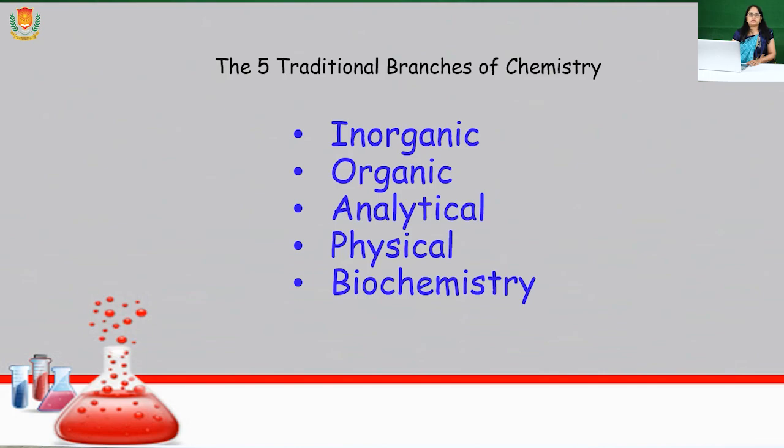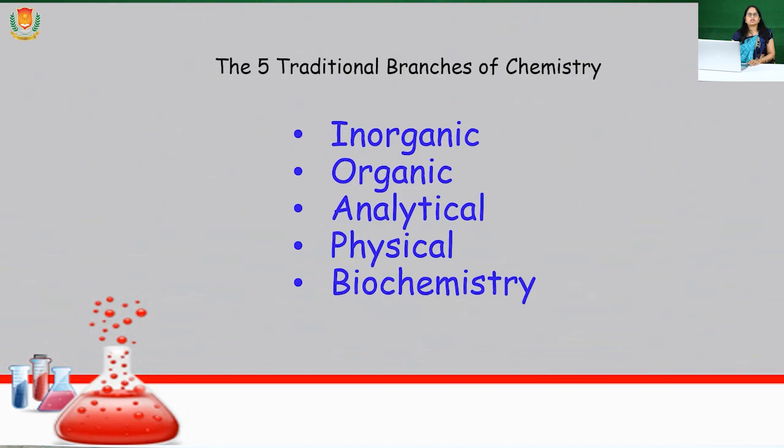When we study the different properties of matter, we use the different branches of chemistry. There are five traditional branches of chemistry: inorganic chemistry, organic chemistry, physical chemistry, analytical chemistry, and biochemistry. Now, what is inorganic chemistry?